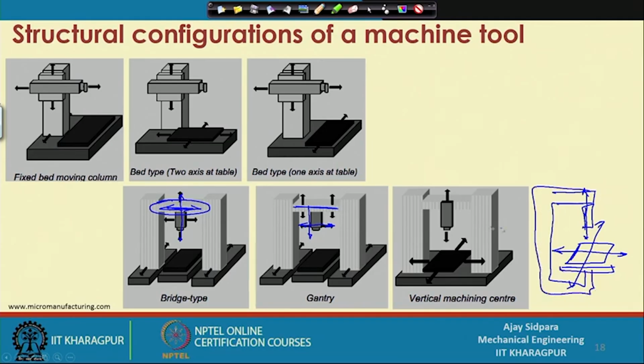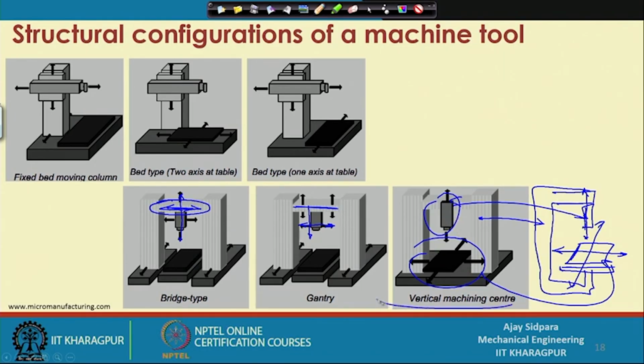So, this is the construction of this particular base type, and this tool is located here and your table is again located here. So, table or the workpiece is moving in x and y direction, and your tool is moving only in the z direction, that is on the overhang portion.